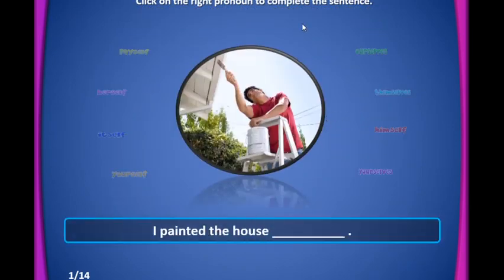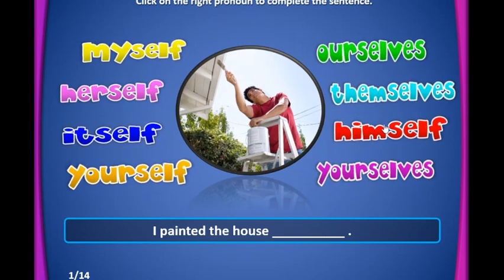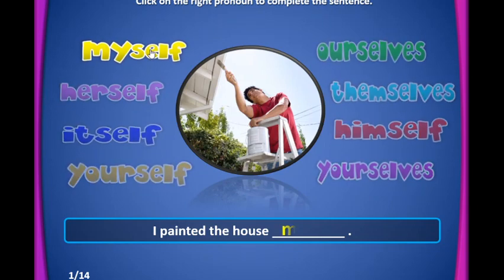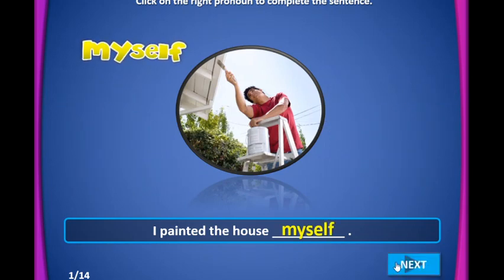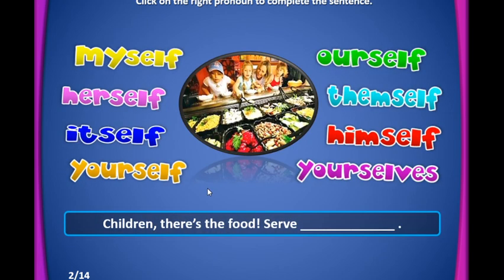So you need to click on the right pronoun to complete the sentence. It says here, I painted the house. Ourselves, themselves, himself, yourself, itself, herself, or myself. I can hear you. So I think you said myself, right? And you are correct. So myself, I painted the house myself. The next one for you is this.